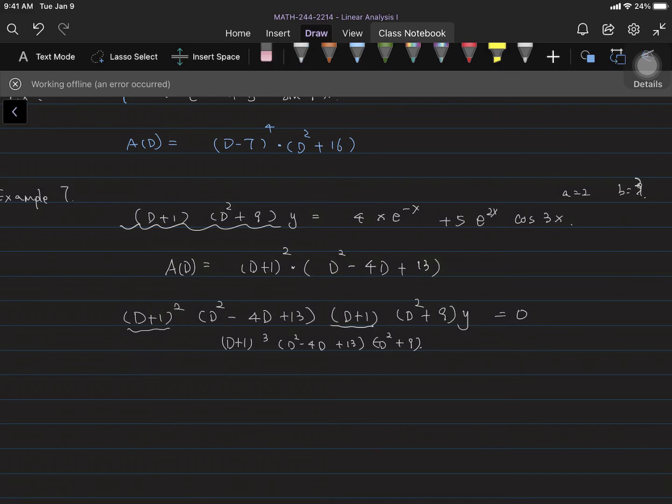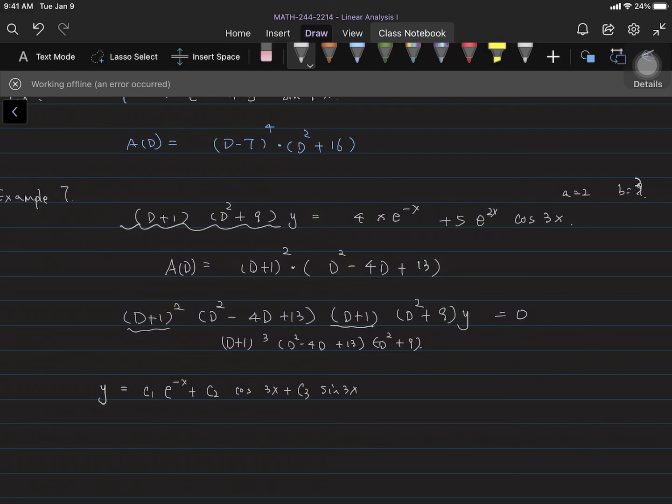I like to write down YH in front, so the left thing will be just the particular solution. YH should be e to the negative x, and we have cosine 3x, sine 3x. That's the general solution corresponding to the homogeneous.